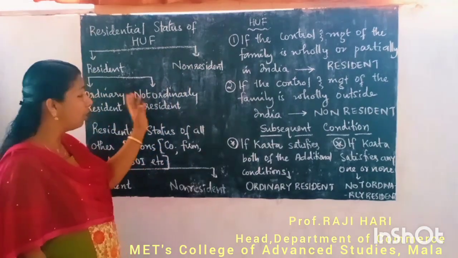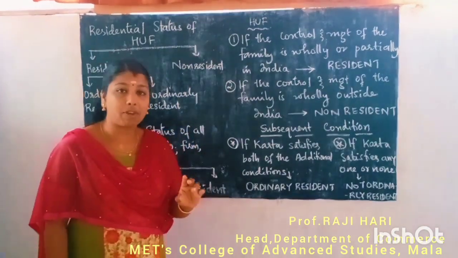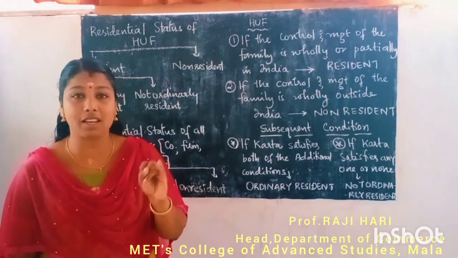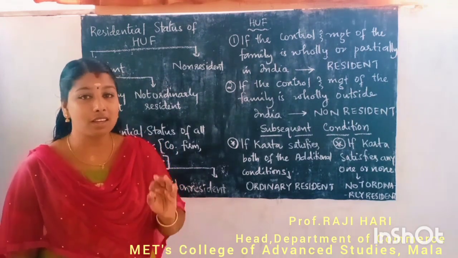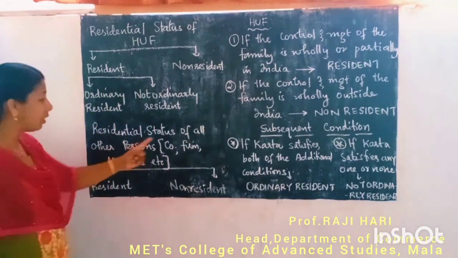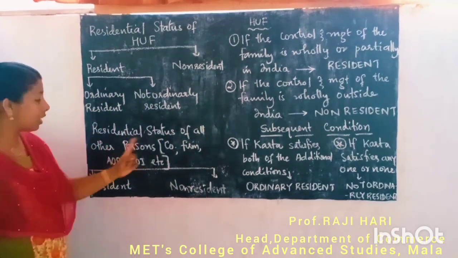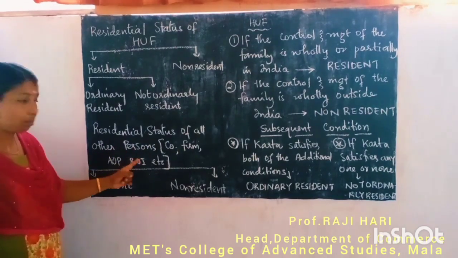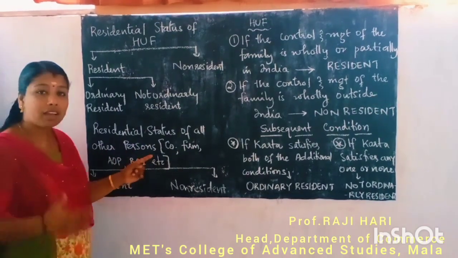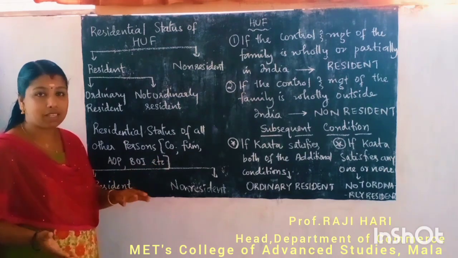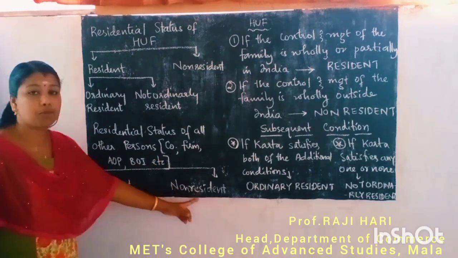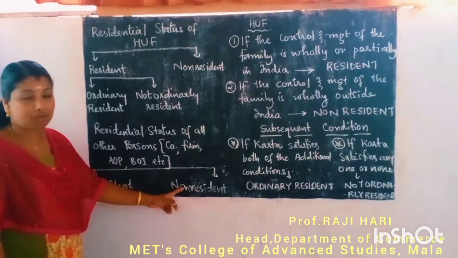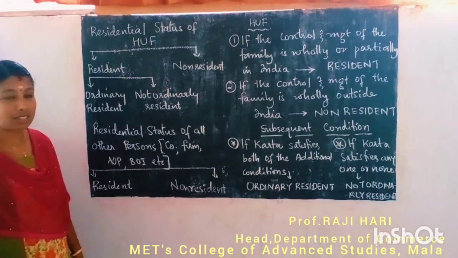Only individual and Hindu undivided family can enjoy these three residential statuses. And all other persons, like company, firm, AOP, BOI, local authority and every artificial juridical person, can enjoy only two residential statuses, that is either resident or non-resident.